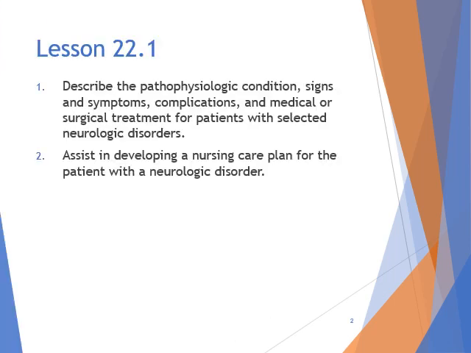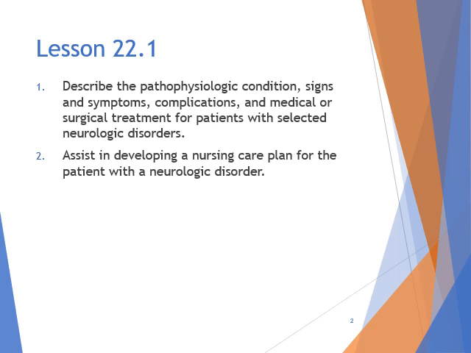And this is just the lesson plan. I've been saying these lately because it's kind of what the slides in the book want you to know. So pathophysiologic conditions, signs and symptoms, complications, and medical or surgical treatment for patients with selected neurologic disorders.